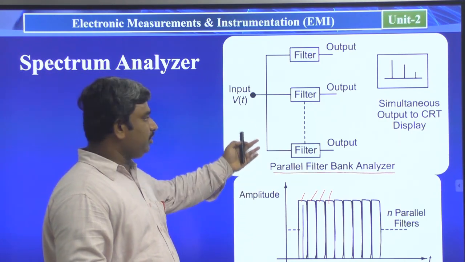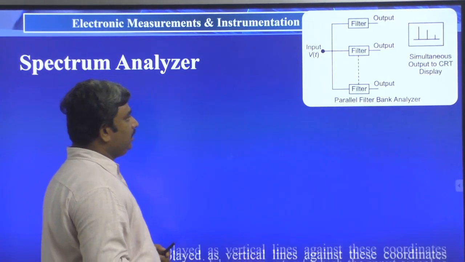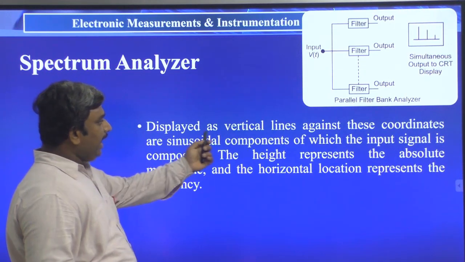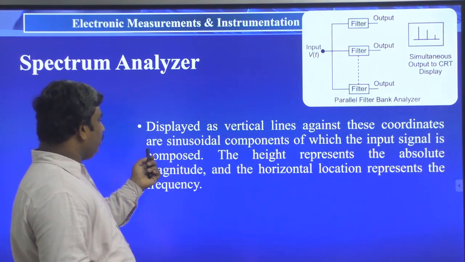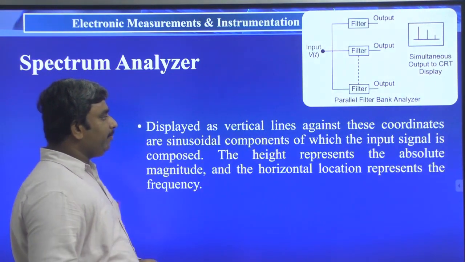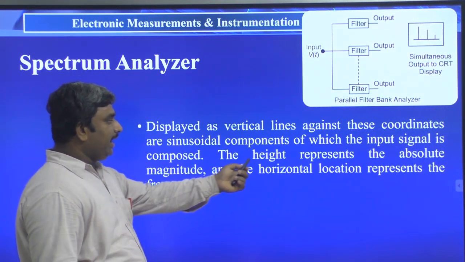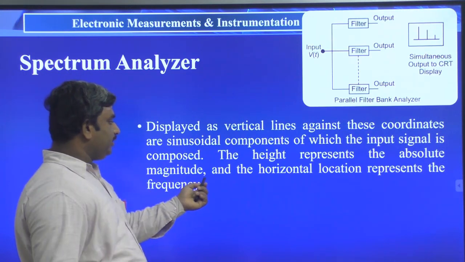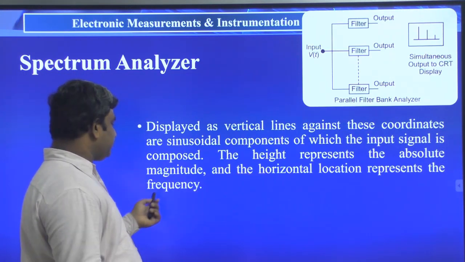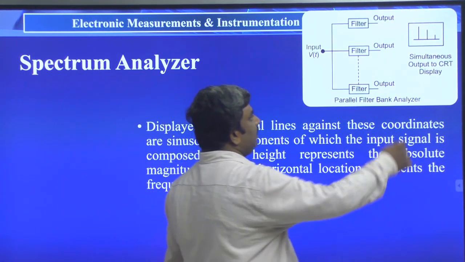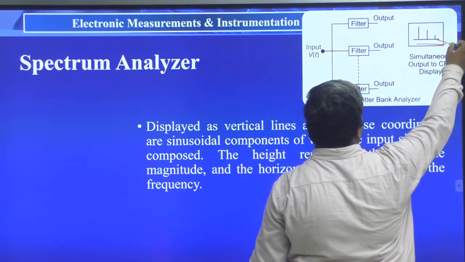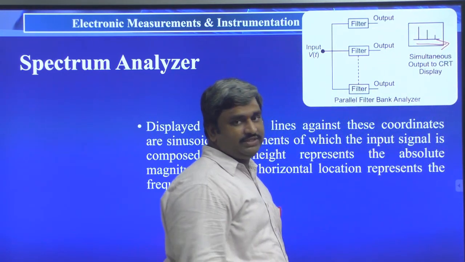Let us see the theoretical discussion of this diagram. Displayed as vertical lines against these coordinates are the sinusoidal components of which the input signal is composed. The height represents the absolute magnitude and the horizontal location represents the frequency. So in this x-axis we are representing the frequency information.